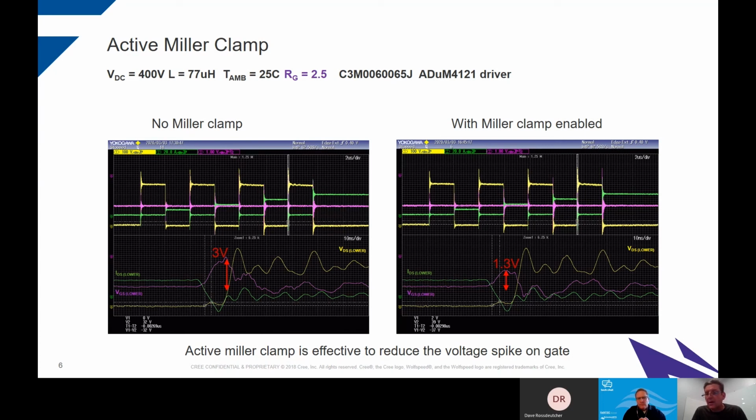We have a lot in our design and tools section, and you do on your websites too, in your tech sections, about designing gate drives. We show examples with people's different gate drives. We show changing RGs. We show practical ways to use gate drives to really optimize your system with our silicon carbide.